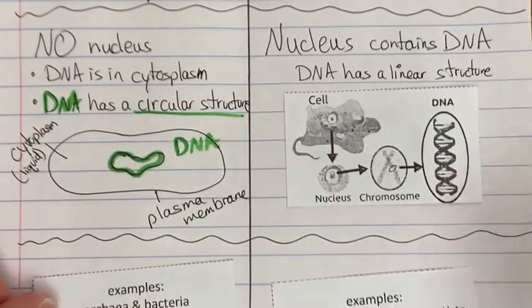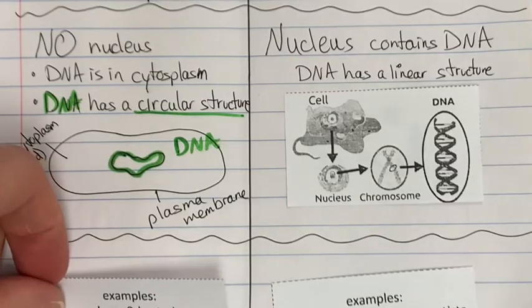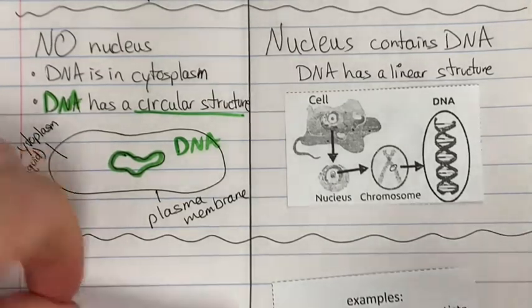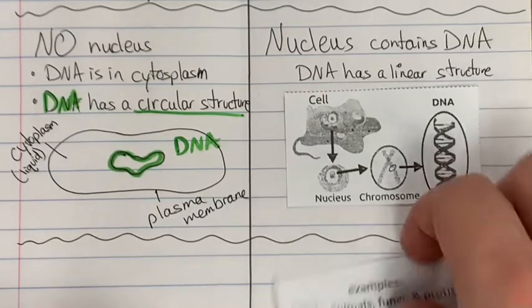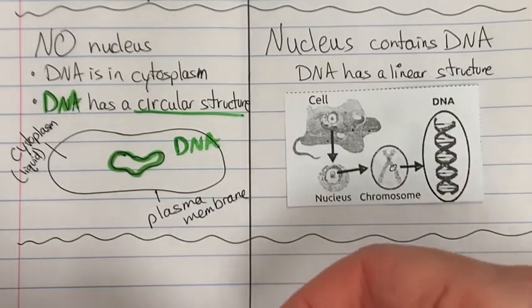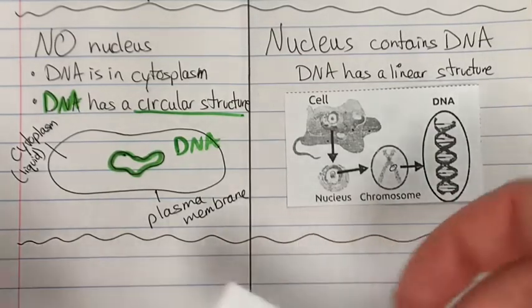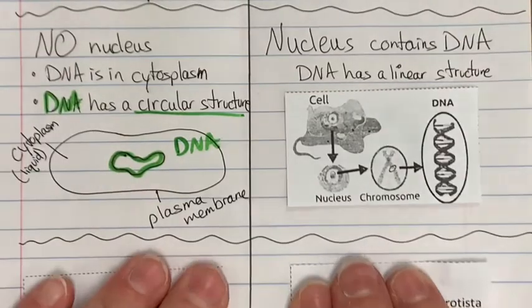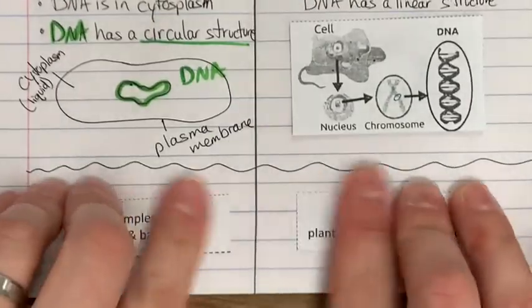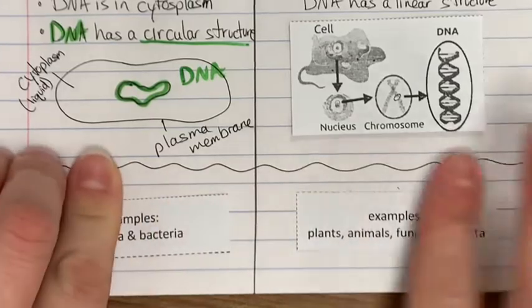Archaea and bacteria are prokaryotic. Animals, plants, fungi, and protista, eukaryotic. All right, remember those are the kingdoms.